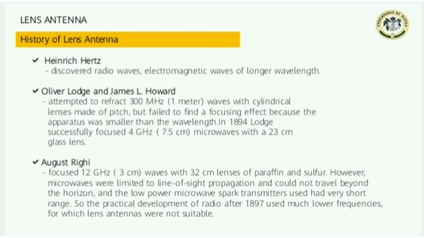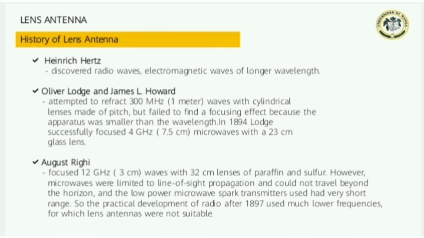The third scientist is Augusto Righi, but he also failed to construct one, because his microwave experiments at the University of Bologna focused 12 GHz or 3 cm waves with 32 cm lenses of paraffin and sulfur.